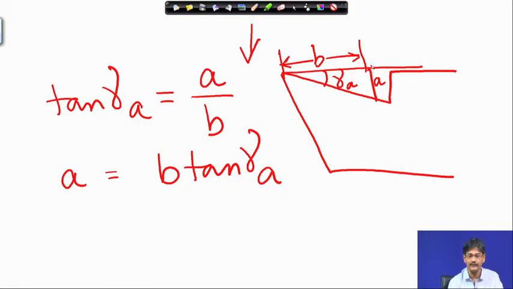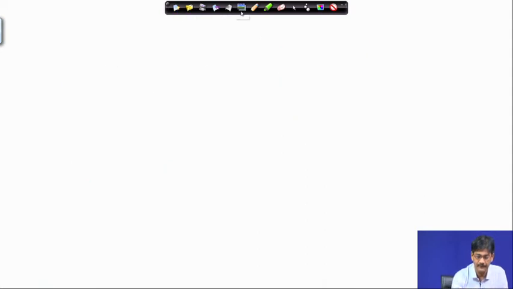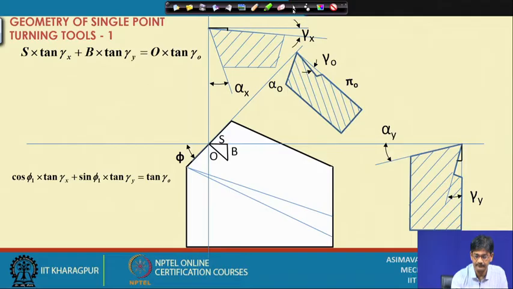So, let us now go back to our discussion here. As I have said, the distance I am going down in this direction, the orthogonal plane, is equal to the addition of the two vertical distances I am going down in the machine longitudinal plane and machine transverse plane.